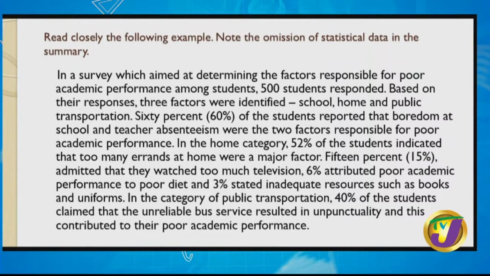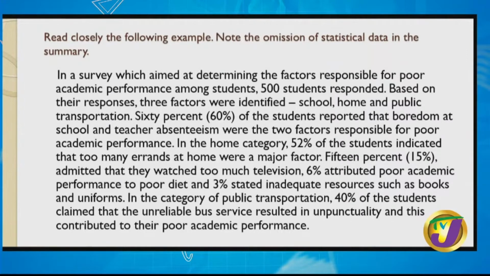In the home category, 52% of the students indicated that too many errands at home were a major factor. 15% admitted that they watched too much television. 6% attributed poor academic performance to poor diet, and 3% stated inadequate resources such as books and uniforms.